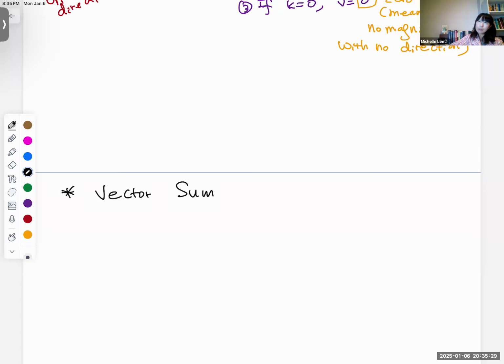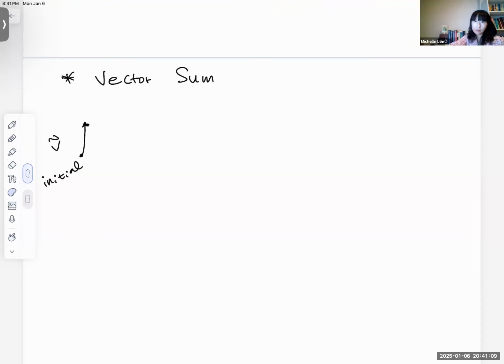Let's say that we have a vector v like that. So this is the initial of vector v.